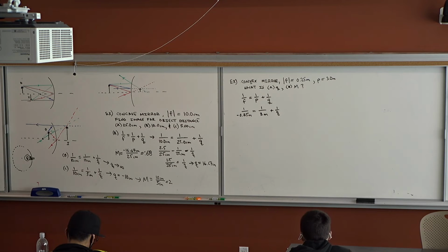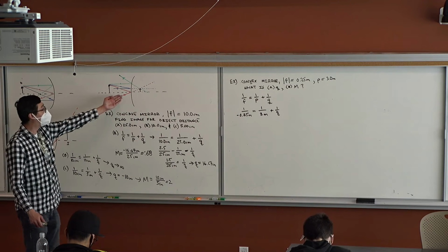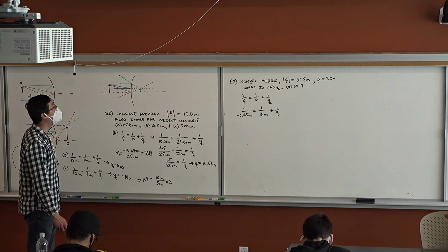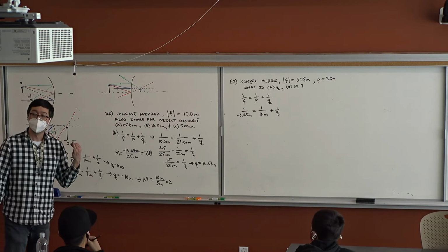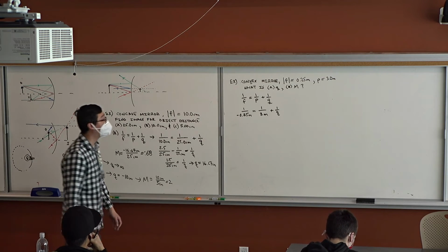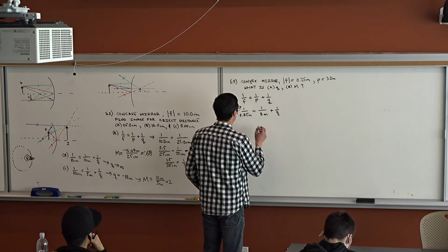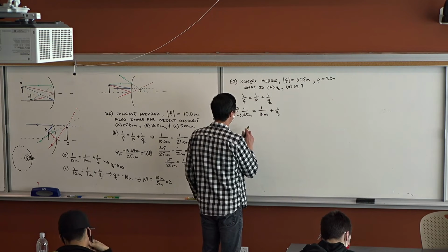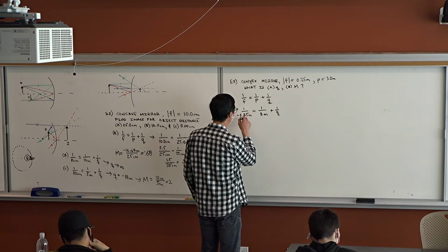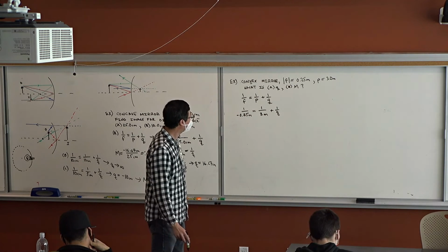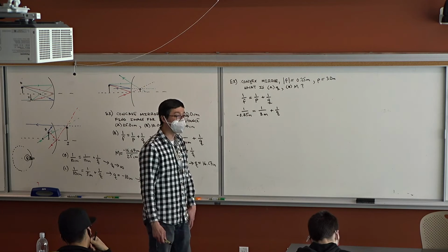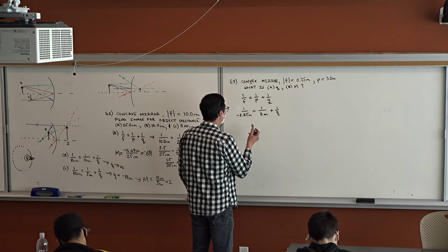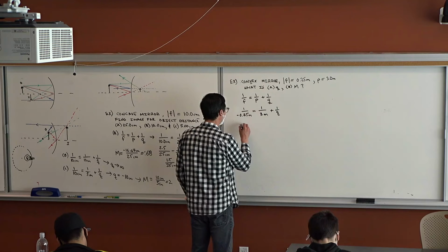Coming back to our sketch, what kind of image are we expecting? Virtual, magnified, and upright. Let's see what we get. So let's see, if I multiply top and bottom of this one by 4, so by 12, thank you.